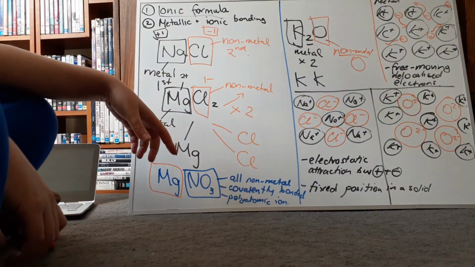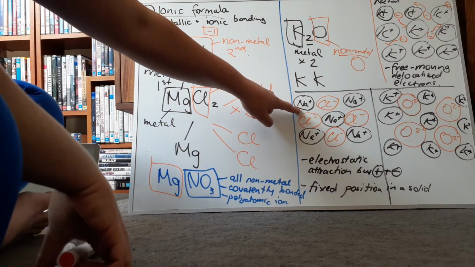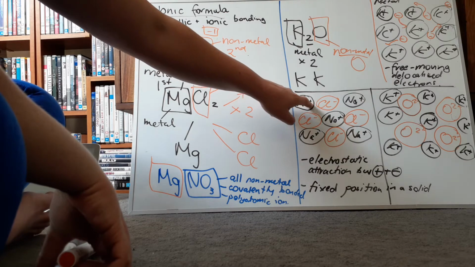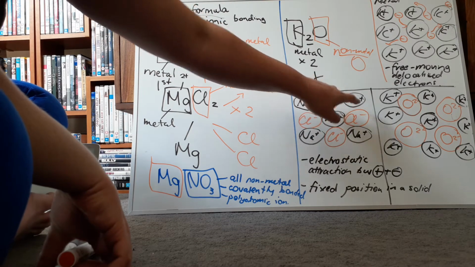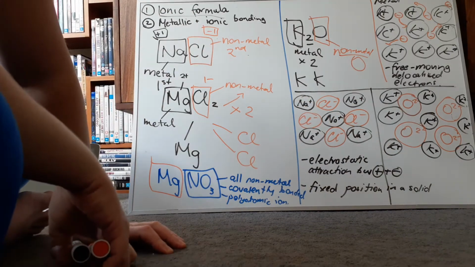And we can see the difference in the actual structures over here, right? For every sodium ion I have 1 chloride ion. And when they arrange themselves in this lattice here, they go 1 for 1, right?